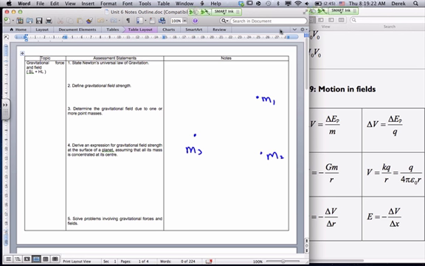If I'm looking at M3, there's going to be a gravitational field strength due to mass 1, which I'll call g1, and a gravitational field strength due to mass 2, which I'll call g2. The combined effect would be the vector sum of those, the combined gravitational field strength of 1 and 2.